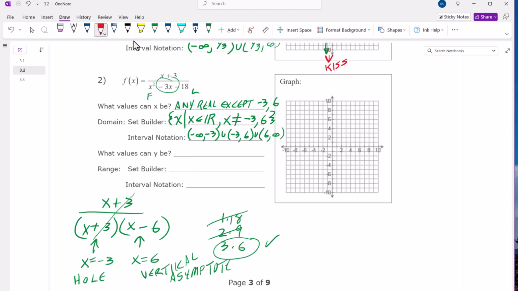But the idea is when you have a vertical asymptote, as the graph gets close to the asymptote, it either tends to get infinitely big or infinitely small. Okay, and then over at -3, you're going to have a hole. This one will also have a horizontal asymptote at y equals 0.